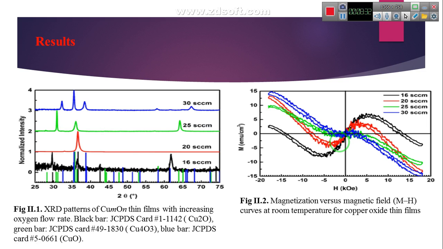It can be observed from Figure 2.2 that the magnetic properties of copper oxide films are strongly influenced by the oxygen flow, as shown by the shaped hysteresis loops. They indicate that films deposited at 16 and 20 standard cubic centimeters per minute oxygen flow show poor ferromagnetic behavior with a diamagnetic component, while films grown at 25 and 30 standard cubic centimeters per minute reveal a dominant diamagnetic component on the high-field side, with very low ferromagnetic behavior in the low-field range.